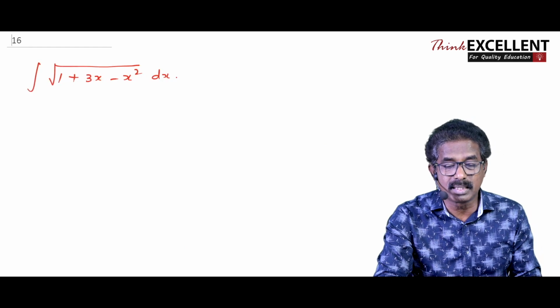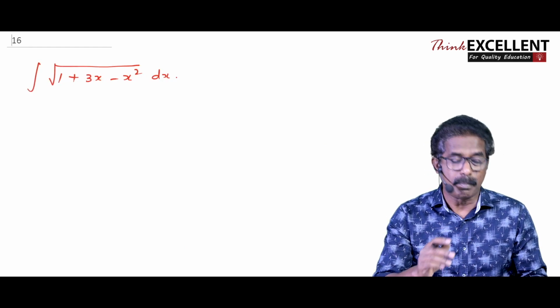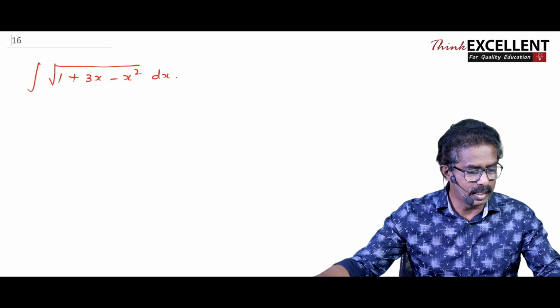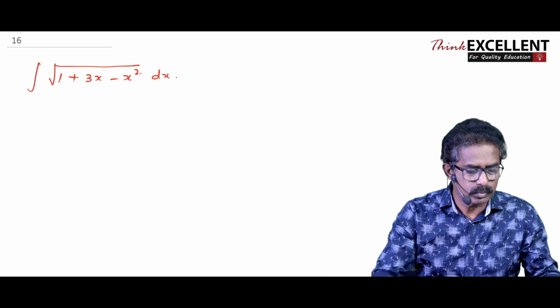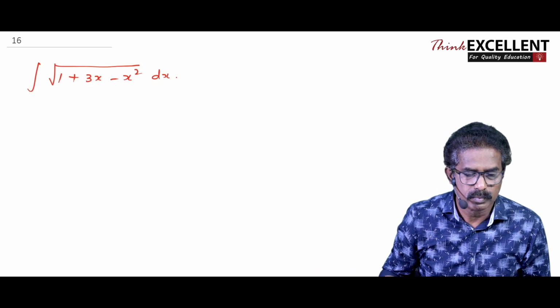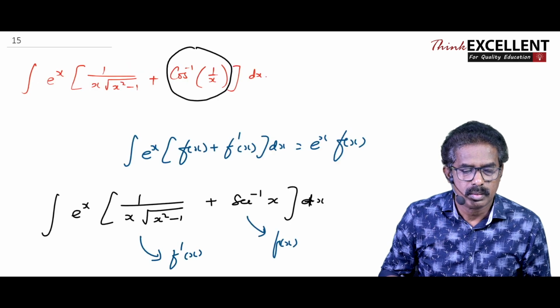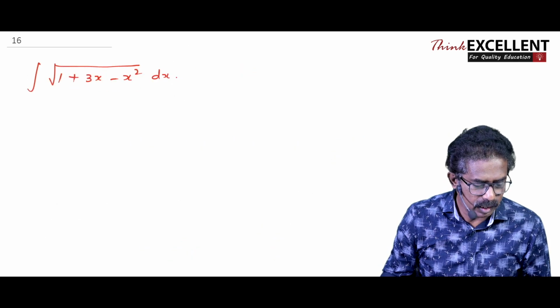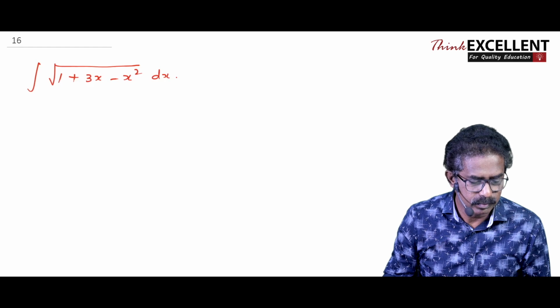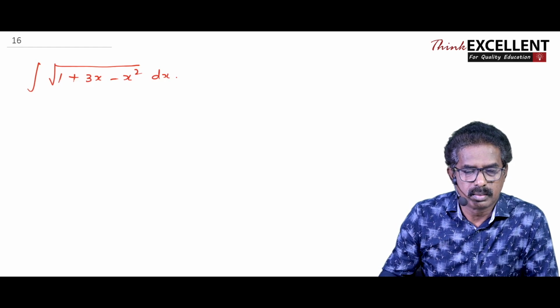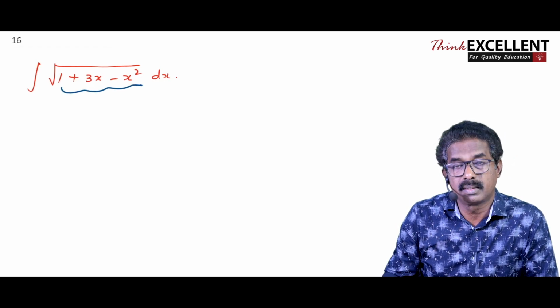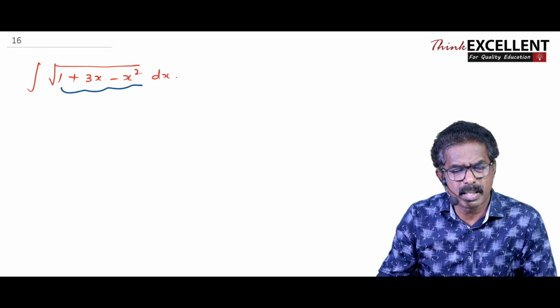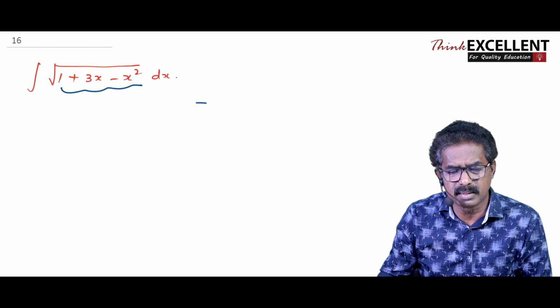Now question number 16, another important one, completing the square method you have to do, right? Look at this. Integral root of, okay, look at this one. Take this part, completing the square method, but பாருங்க minus x square இருக்குல்ல, minus x square plus 3x plus 1.